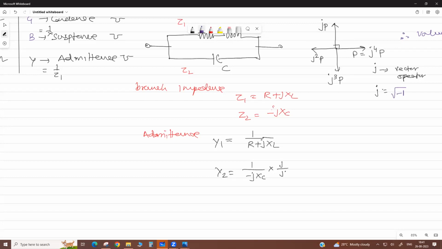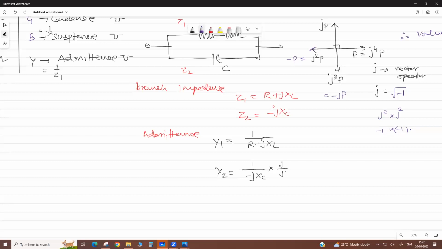So if we put j square, it means minus 1, minus P. So it is opposite vector, means minus P. And j cube means minus jP. Again it is 4 times, then minus 1 into minus 1. j square is minus 1 into minus 1.